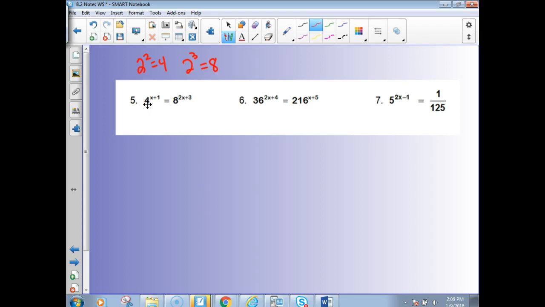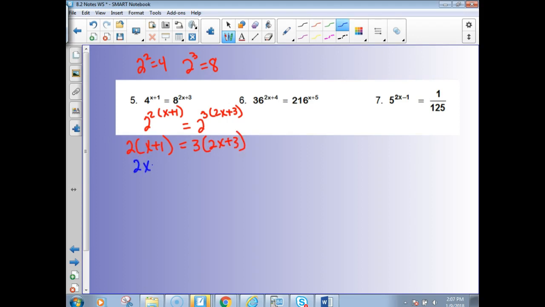That's why I was saying it'd be nice if we had those memorized. Okay. So I'm going to trade 4 for 2 squared to the x plus 1. And that's going to equal 2 to the 3rd to the 2x plus 3. We're going to have to drop the bases now and do 2 times x plus 1. If you want to distribute right away, you certainly can. 3 times 2x plus 3.